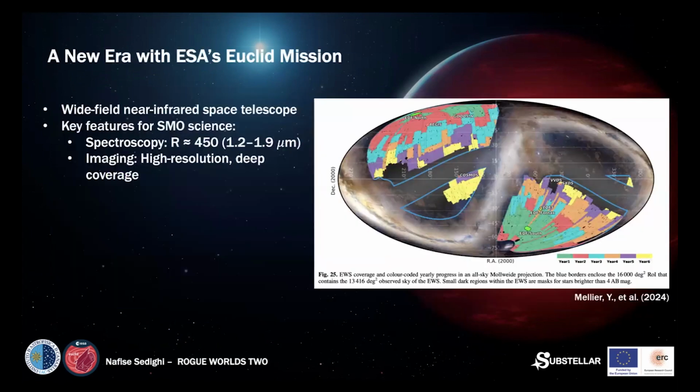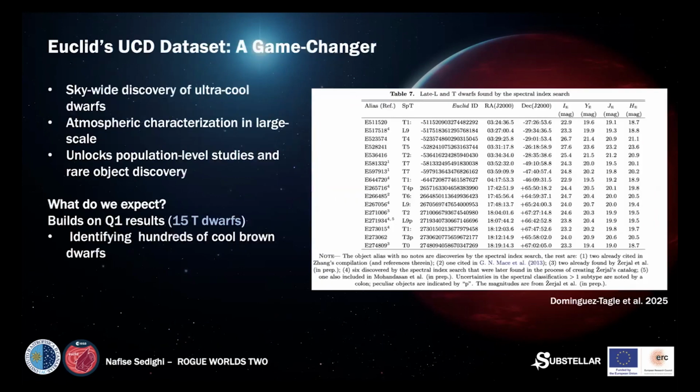The Euclid data is good because the resolution is 450, and the wavelength is 1.2 to 1.9 micrometers. So this is useful for us to study these substellar objects. I'm not going to explain more because we have an entire session about Euclid today.